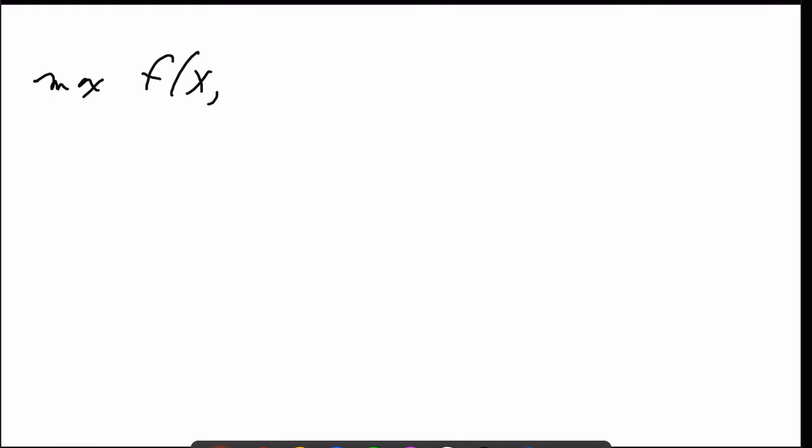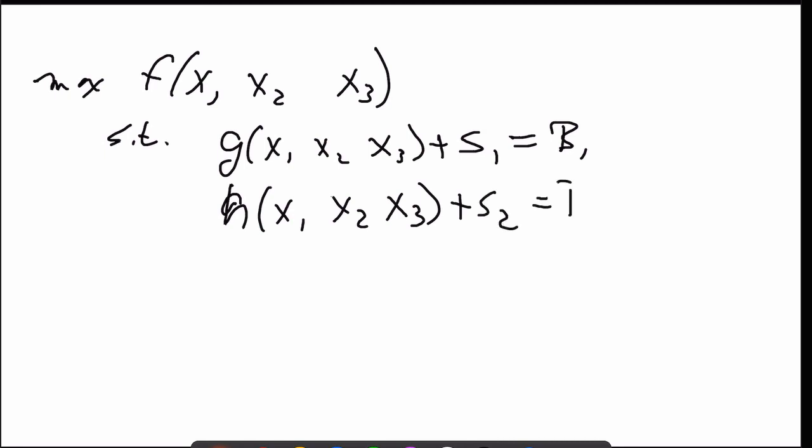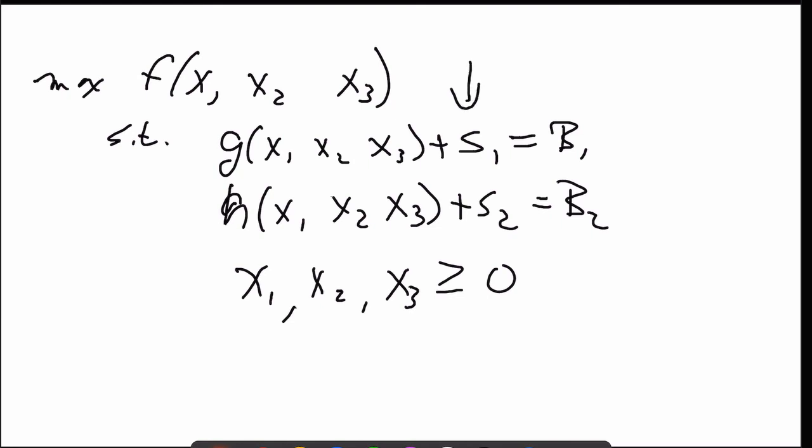I have this function of x1, x2, x3, and then it's subject to g of x1, x2, and x3 plus s1 equals b1, and h of x1, x2, and x3 plus s2 equals b2. And now I can solve this. And then I've got x1, x2, and x3 all greater than or equal to 0. These two things are variables.